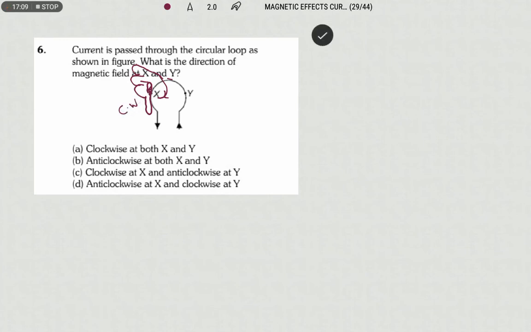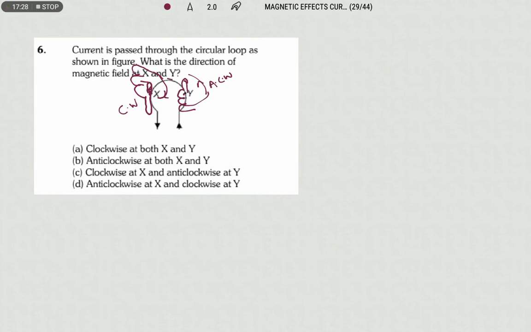Now let us see the other point, where the current will be upwards. Now we place the thumb in such a way that the fingers curl like this, so this direction will be anti-clockwise. In this way we need to analyze.